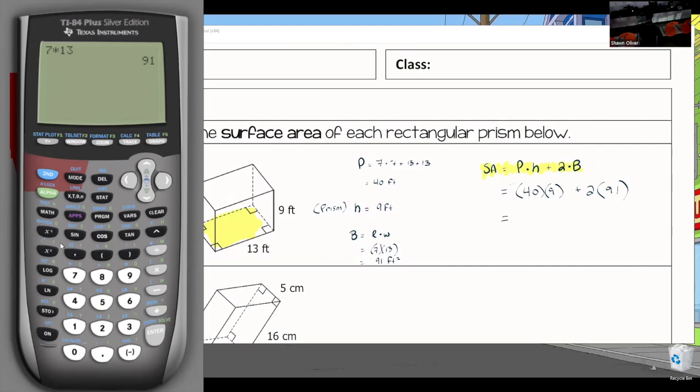Hey, now I can put this right into my calculator. Okay. 40 times 9. And then plus 2 times 91. Let your calculator do the heavy lifting. It's important that we practice our calculator skills as we're going through these problems because you don't have your computer calculator.